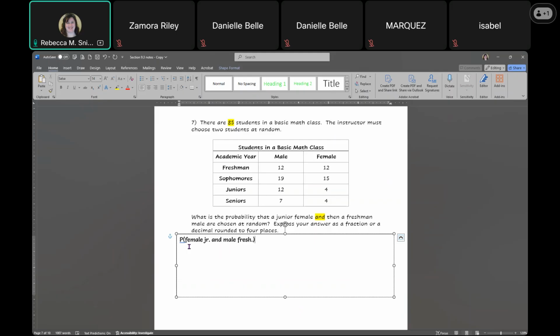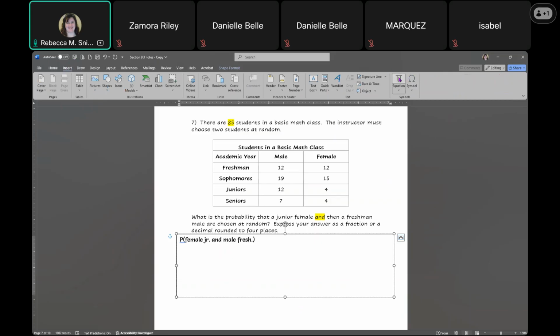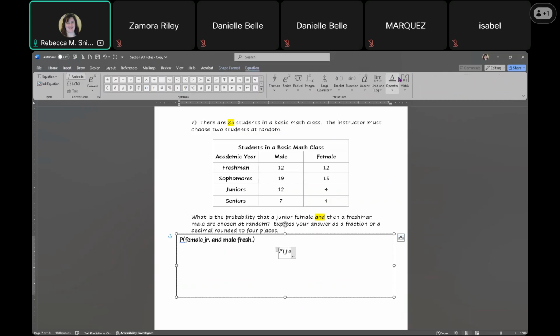We have to look at them as separate ideas. The first thing we need to know is the probability of being a female junior. Here, in our fraction, the total number I have is 85.